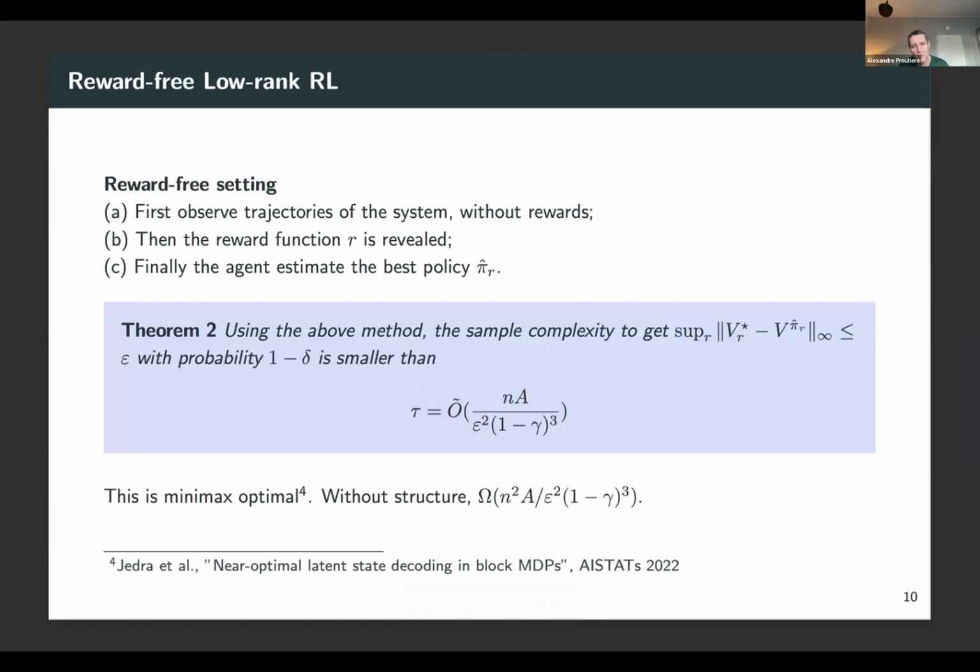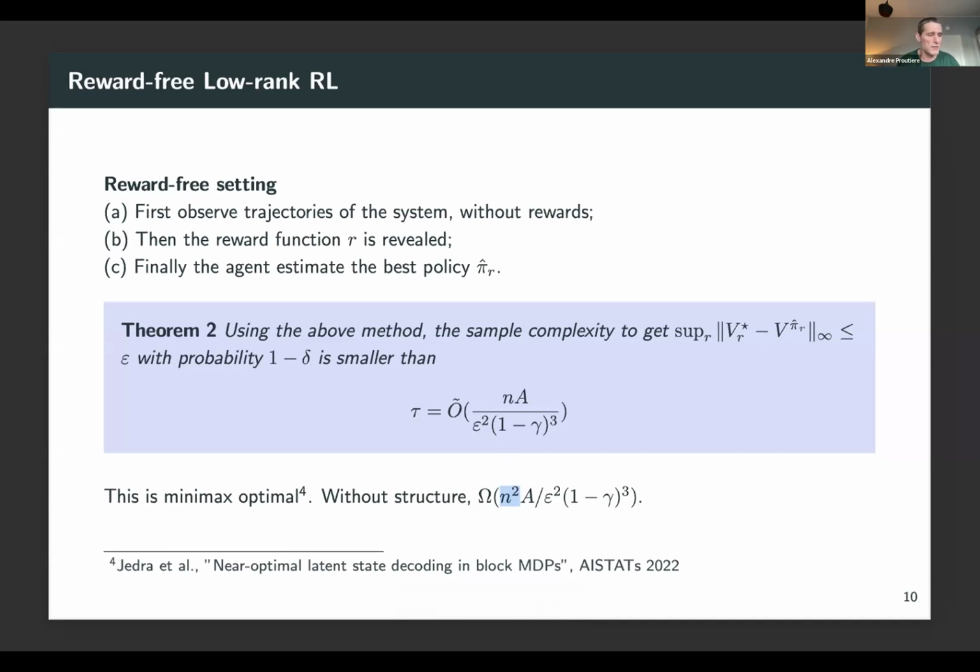And what is interesting to notice is that there are also lower bounds for the scenarios where we don't impose any structure. Without structure, this sample complexity would scale as N square A over epsilon square (1 minus gamma) cube. So it means that by exploiting the low-rank structure, we win a factor N in terms of sample complexity, where N is the number of states.